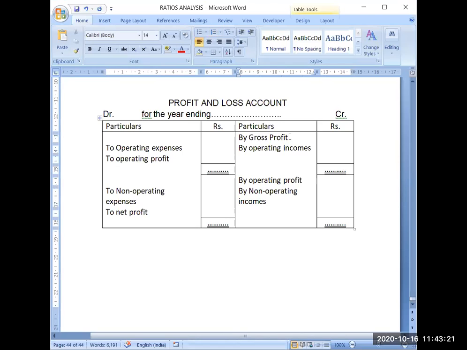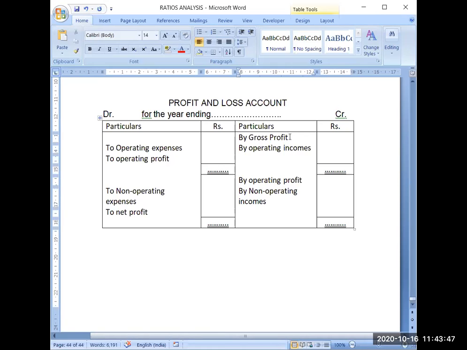Why I am showing you this chart? Generally in case of companies you will find that statement of profit and loss is prepared in vertical format, and there is no such classification while we are preparing statement of profit and loss. But because we have to calculate the operating ratio or operating income, operating profit ratio, for that purpose we need to calculate operating profit also.